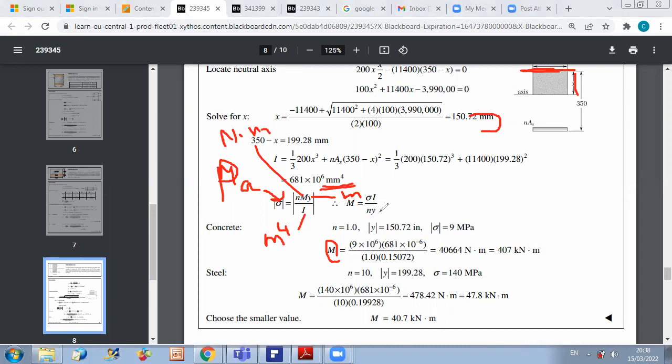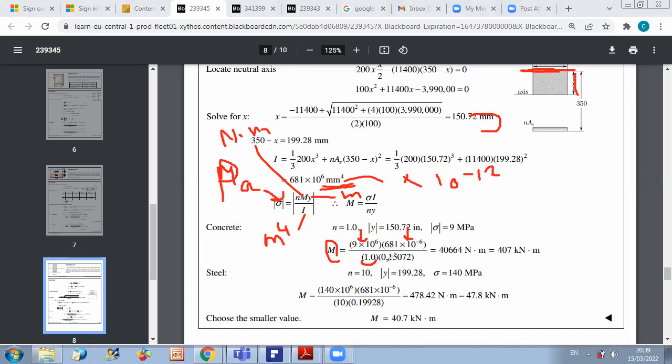Then we can replace for concrete: sigma is 9 megapascal, so 9 times 10 to the power 6. The inertia, to convert to meter 4, I just multiply by 10 to the power minus 12. So I get 681 times 10 to the power minus 6. I replace here over N, which is 1 for concrete because concrete is the reference material.